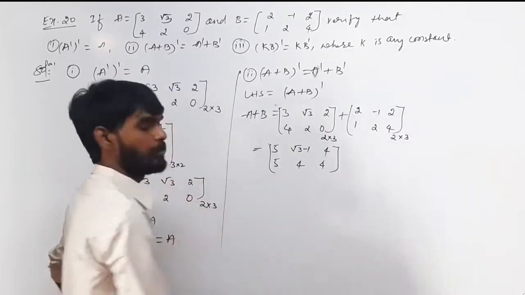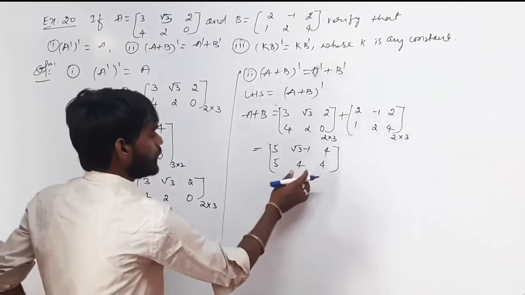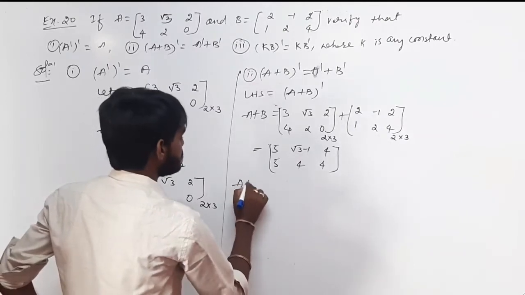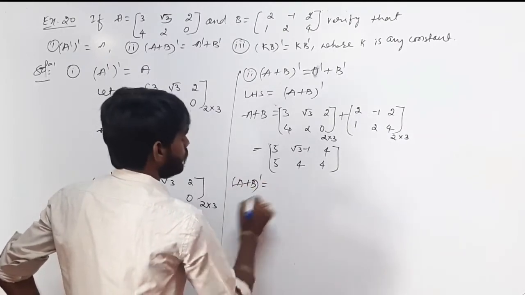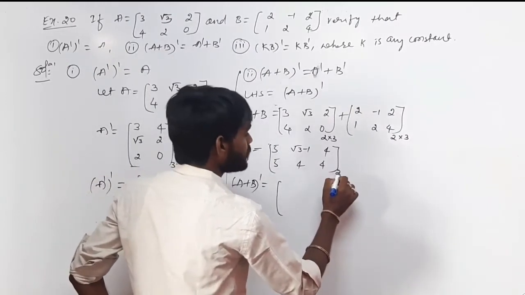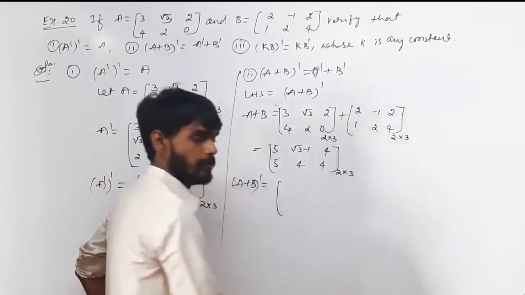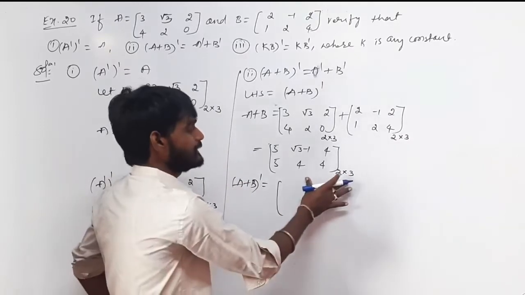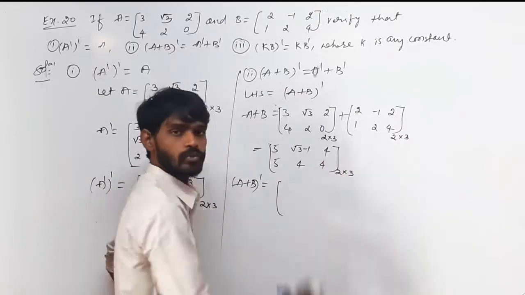Now this is the A plus B matrix. We can apply the transpose of this matrix, A plus B whole dash. Now this matrix order is 2 cross 3. After interchanging rows into columns we will get a 3 cross 2, right?